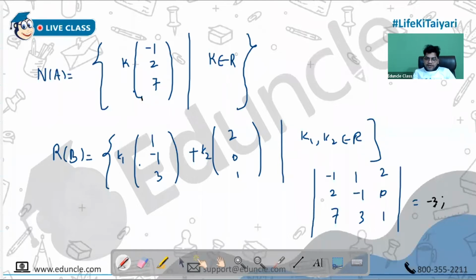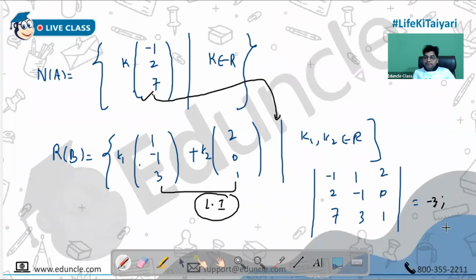See, these two vectors are linearly independent, and if I include this vector also, then this is also linearly independent. If these three vectors are linearly independent, then one cannot be written as a linear combination of the others. It means the null space element cannot be written as a linear combination of this. If this cannot be written as a linear combination of this, then what can you say?